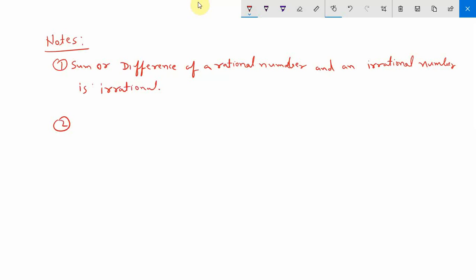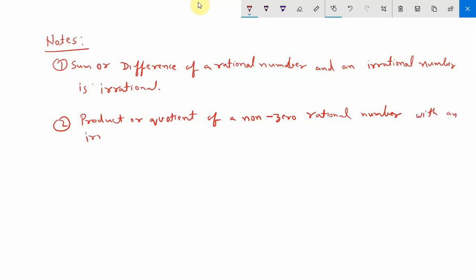Second point, product or quotient of a non-zero rational number with an irrational number is irrational.